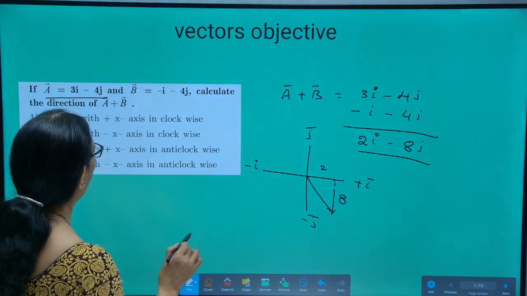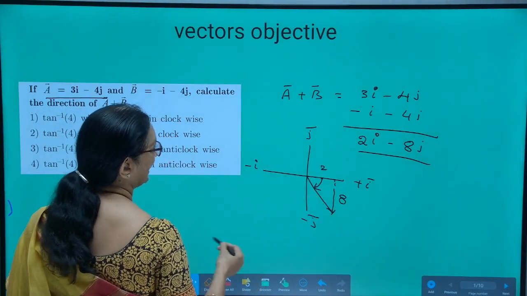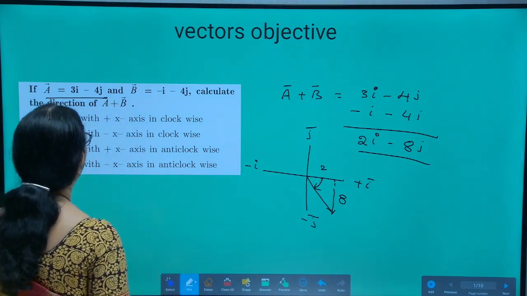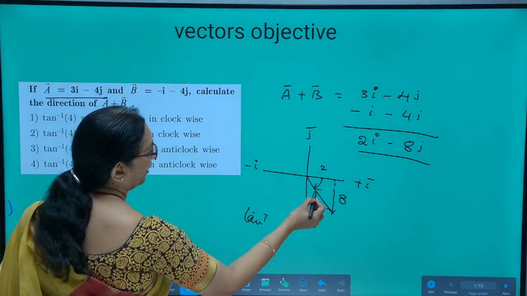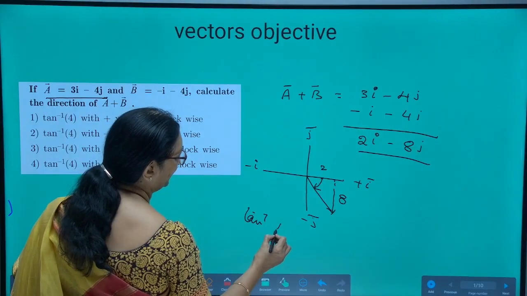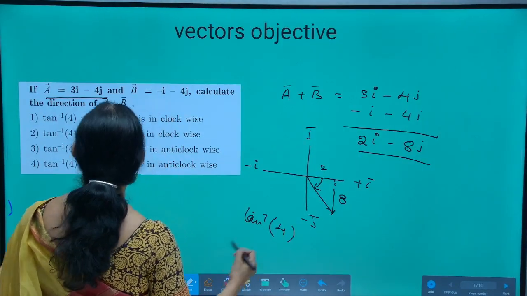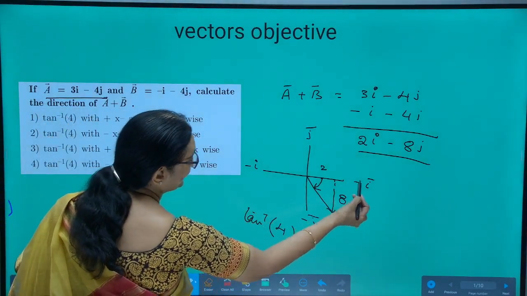So the angle made with the positive x-axis is clockwise, isn't it? So it is tan inverse, opposite side is 8, adjacent side is 2, 8 by 2 is 4. So tan inverse 4 with the positive x-axis.